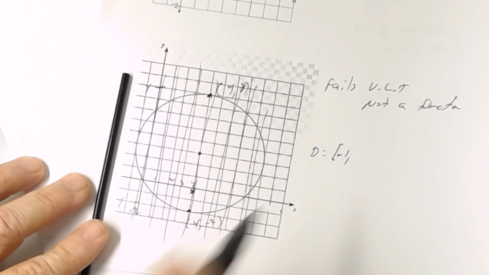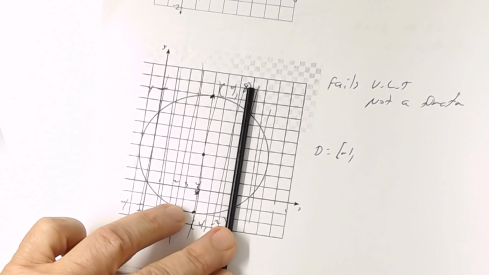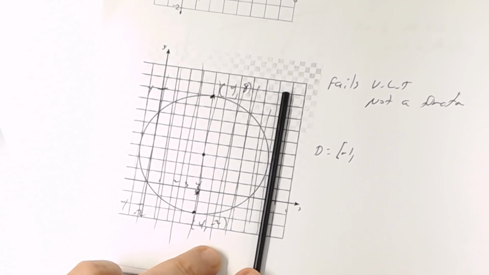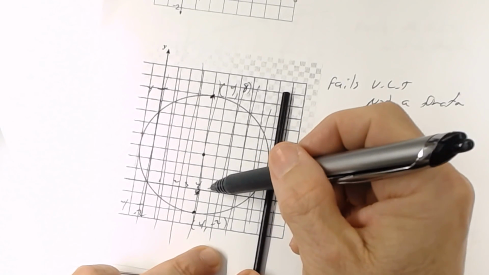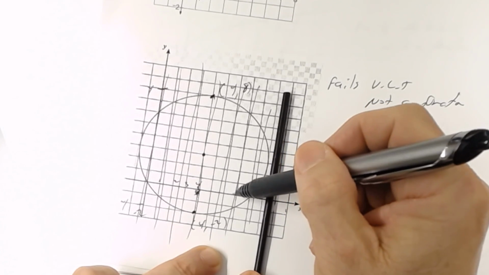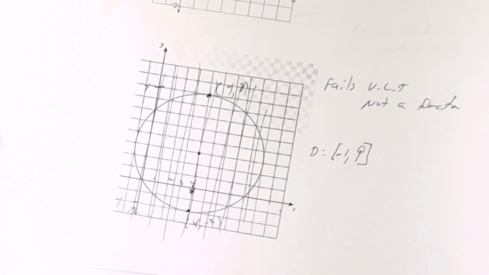So bracket -1 all the way, and tell me where to stop. Do I stop here? No, I stop when I get to the furthermost right point, right here. Let's just guess it: 9. Bracket. And you always go from smallest to largest. -1 to 9.